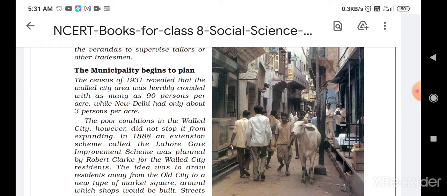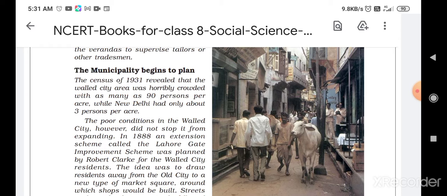Chapter number 6, The Municipality Begins to Plan. In this paragraph, we are going to study the redevelopment of Delhi and how Robert Clark developed Delhi. Why did they want to develop Delhi?